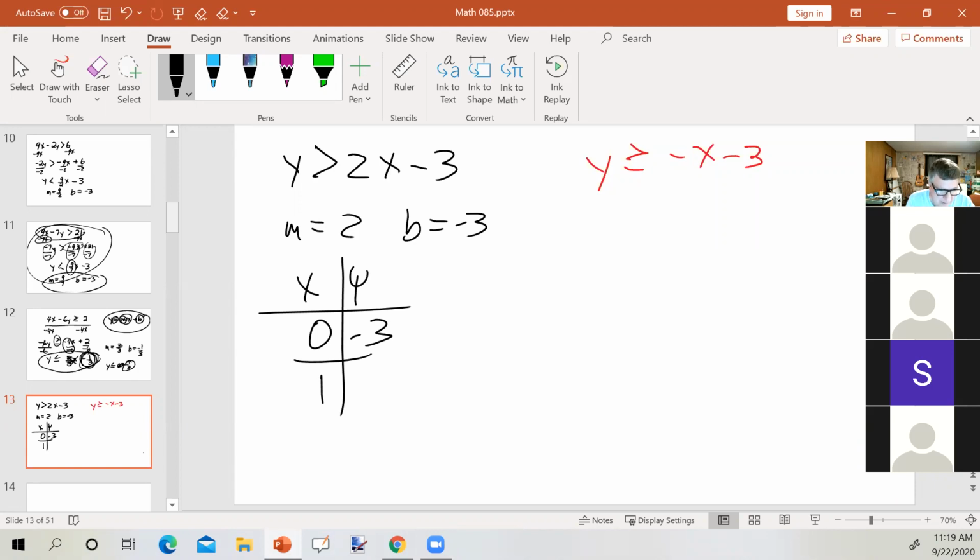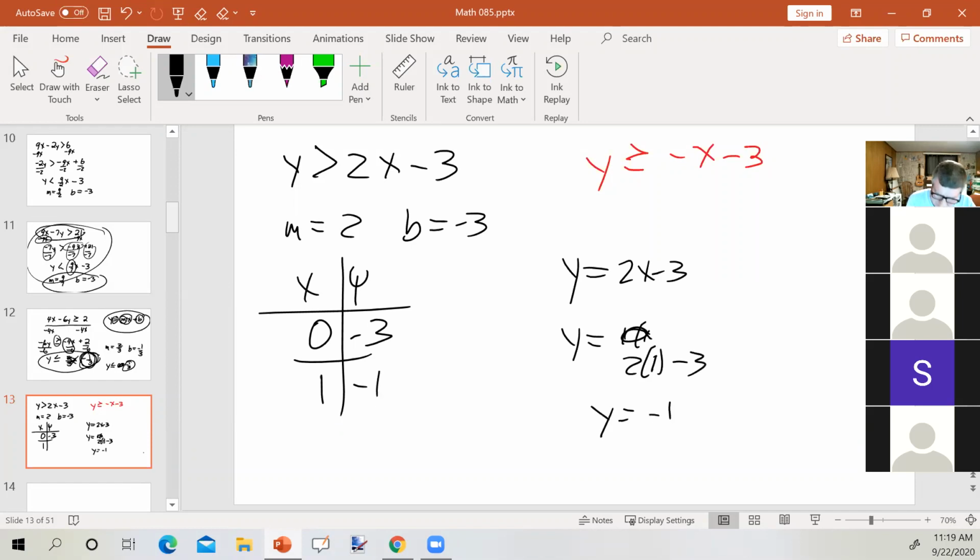Would it be -4? Let's see. This opens a can of worms, doesn't it? If we look at this, x is 0, y is -3. If x is 1, y is -1, isn't it?